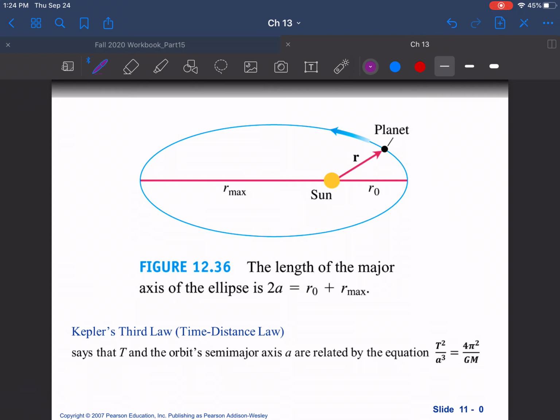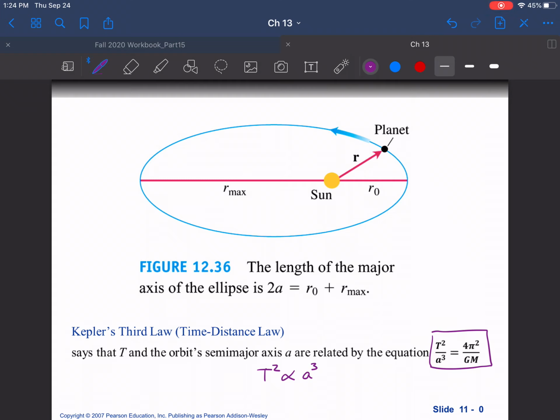Here is Kepler's third law, kind of. Technically, this is the result from Newton's universal law of gravitation. Kepler's third law simply states that the orbital period squared is proportional to the orbit's semi-major axis cubed.